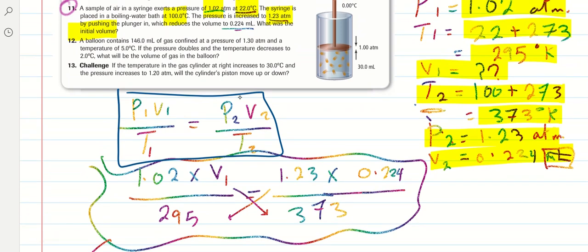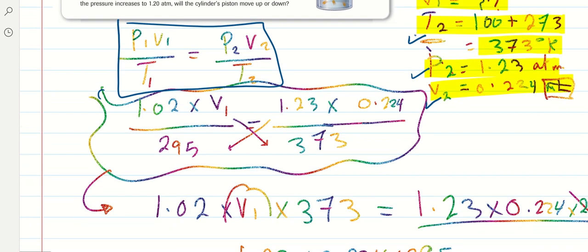What is P1? Yes, this is P1. What is V1? Unknown. Divided by T1? Yes, in Kelvin. This is T1, equal to P2. Where is P2? This is P2. Where is V2? This is V2. Where is T2? This is T2. You just fill in, substitute the numbers. Easy.